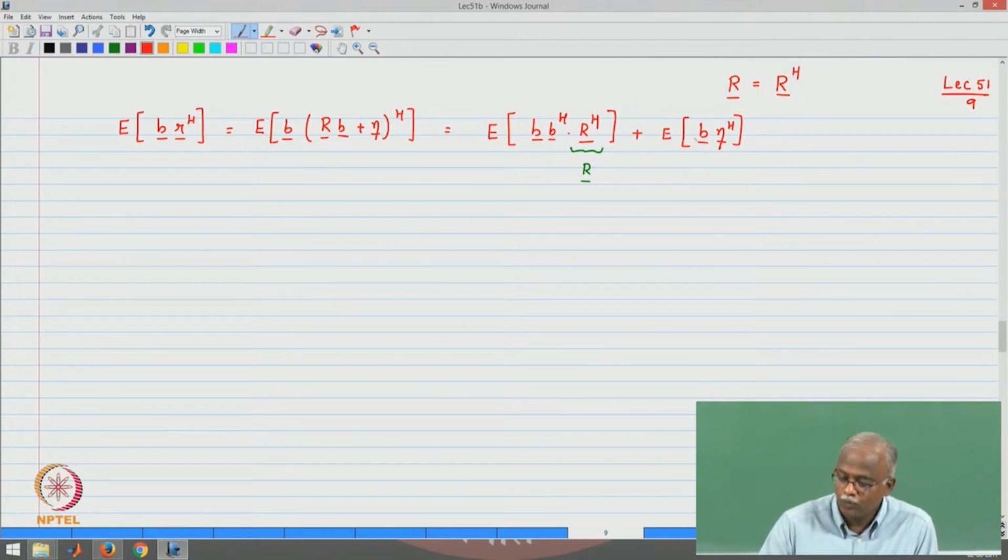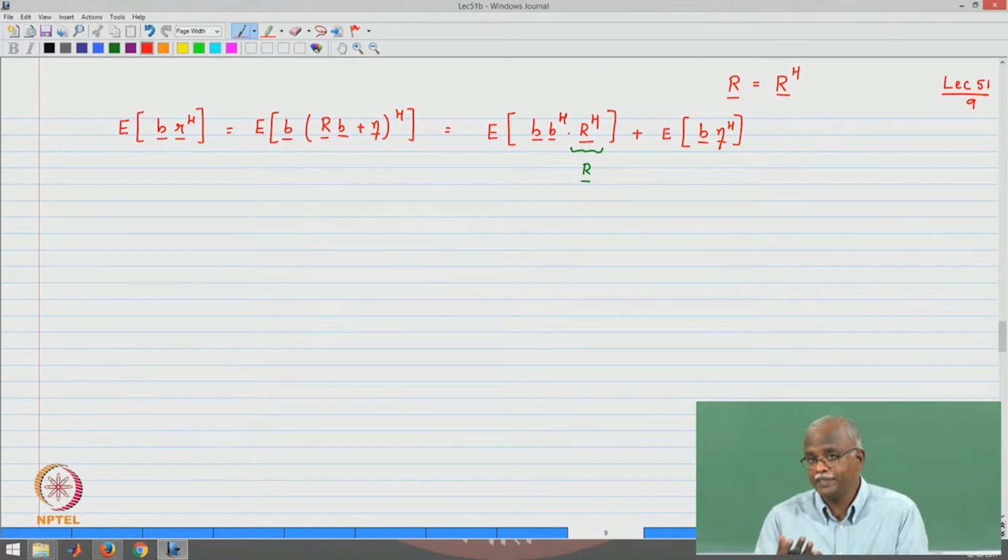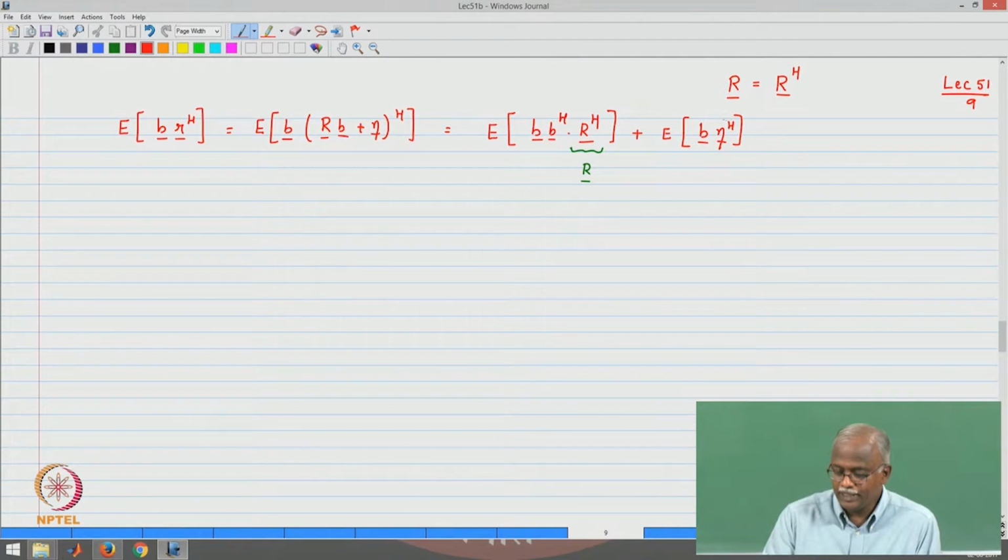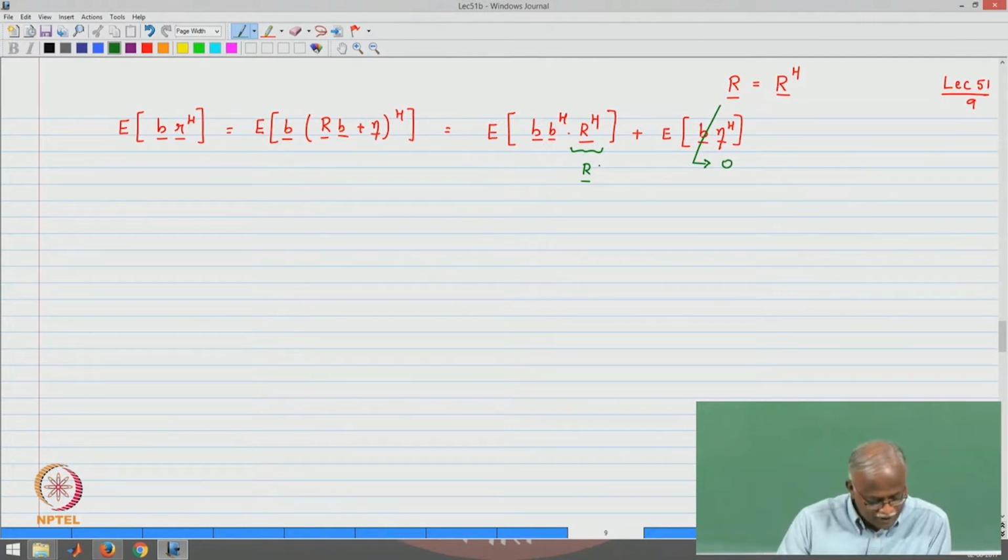Now, notice that one of these components is the input vector, which is a binary vector of equally probable plus or minus 1s, and the other one is the noise vector, which again has 0 mean. So, the second term can be ignored because the expected value will go to 0. What we have is the first term only.